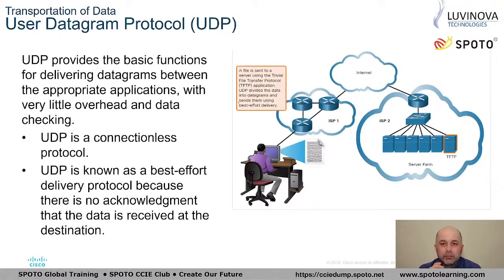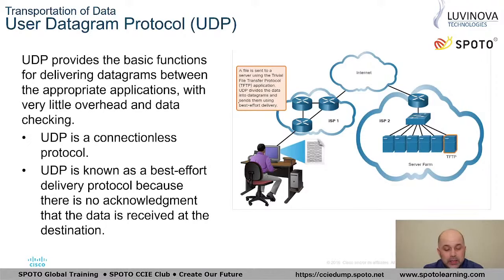This protocol is not reliable. There is no acknowledgement. There is no checking. Do the user datagrams arrive in the right order at the destination point, or is some sequencing number missing? No. That means no reliability.